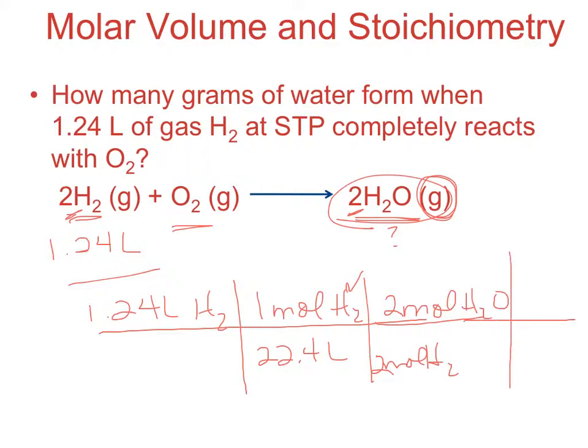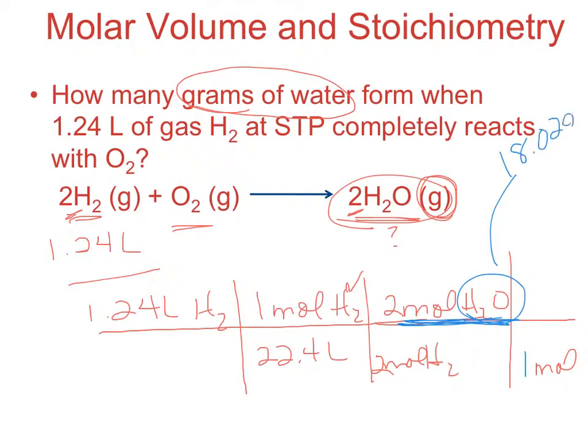And then the problem asks for grams of water, so I need to go from moles. If I stopped right here, I would have moles of water. Since the problem's asking for grams of water, I need one last step that gets us from moles of water to grams of water, and that is the molar mass of water, which is 18.02 grams of water in 1 mole of water.